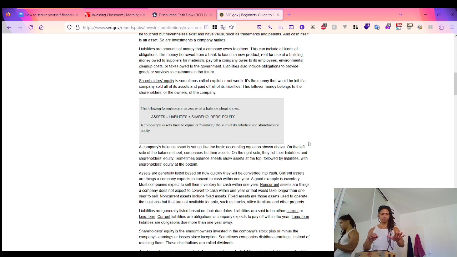Current assets are things that a company can convert into cash, or expects to convert into cash, within 1 year, for example, inventory. Non-current assets are things that will take longer than a year to be sold.